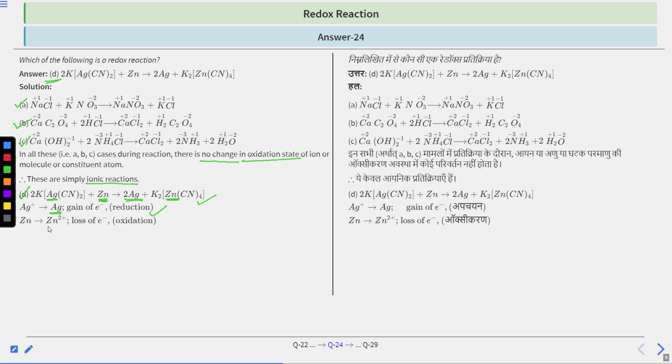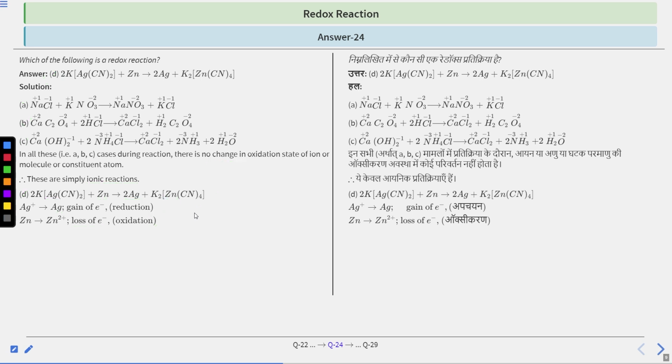So the oxidation number is increasing, that means oxidation is happening and loss of electron is happening, right? Because from elemental zinc, it will become a cation that is Zn2 positive. So both oxidation and reduction is happening in this reaction, option D. So option D is the correct answer. This is the correct reaction in which oxidation and reduction both are happening. That's why this is a redox reaction. And thus D option is the correct answer.